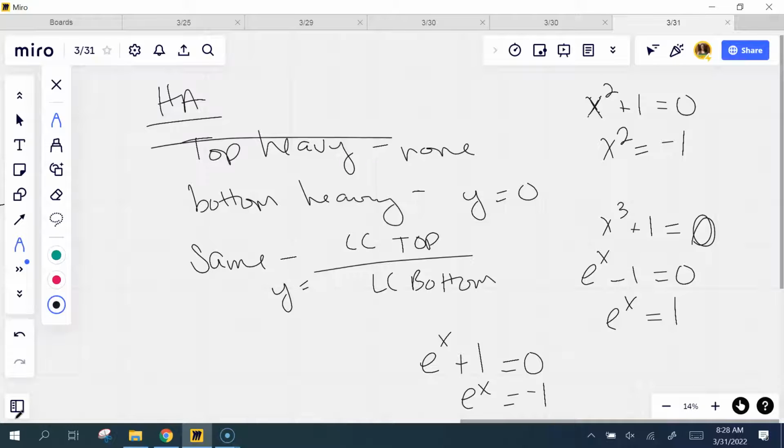Vertical should be, there's no vertical. The horizontal should be y equals 0, yes. Is it not? That one looks like a mountain.